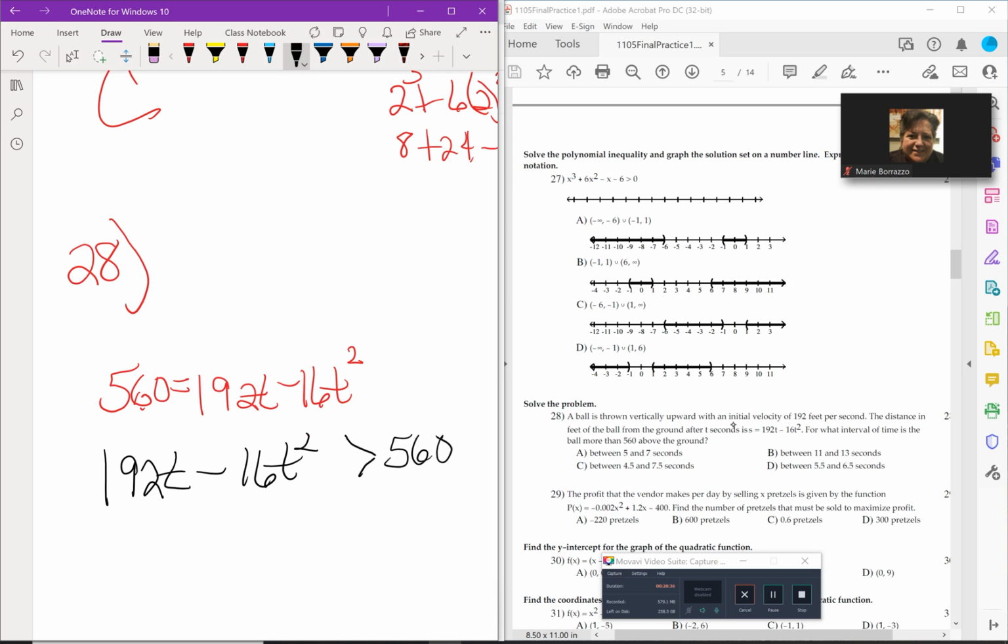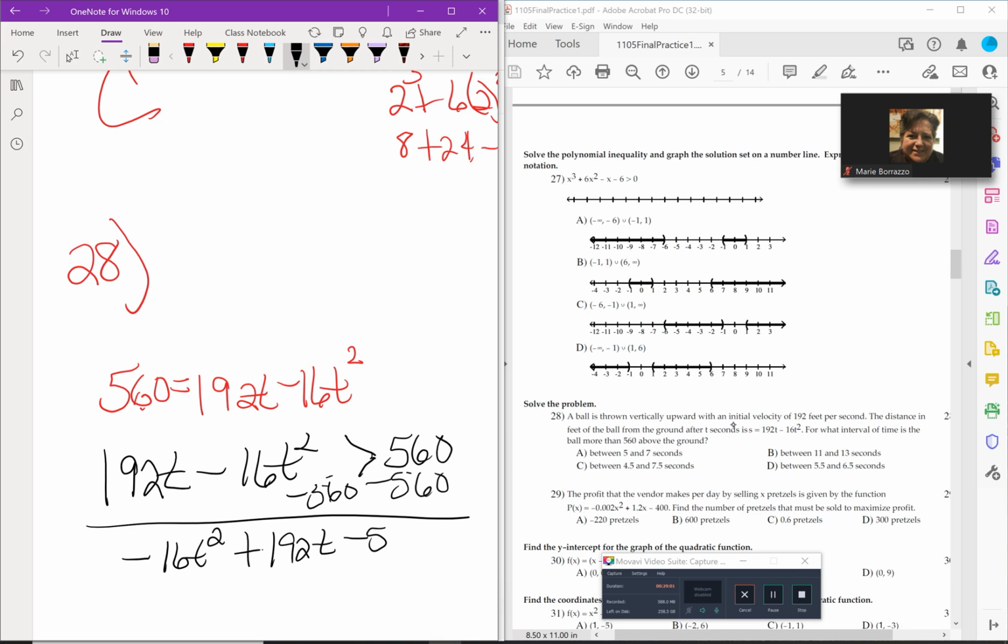So I'm going to subtract 560 on the right and bring it as a negative over to the left. So my equation is now, and I'm going to rearrange this, putting the negative 16t squared in the front, plus the 192t minus 560 has to be greater than 0.